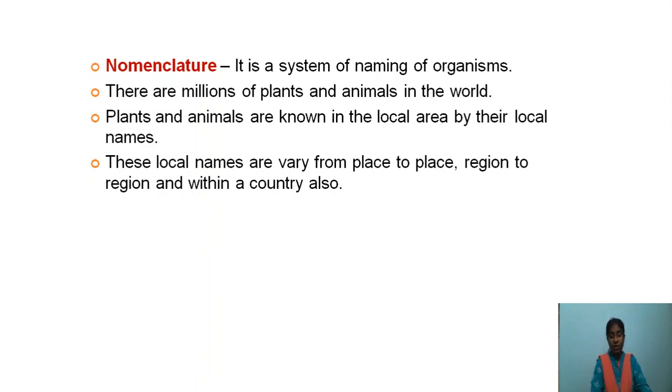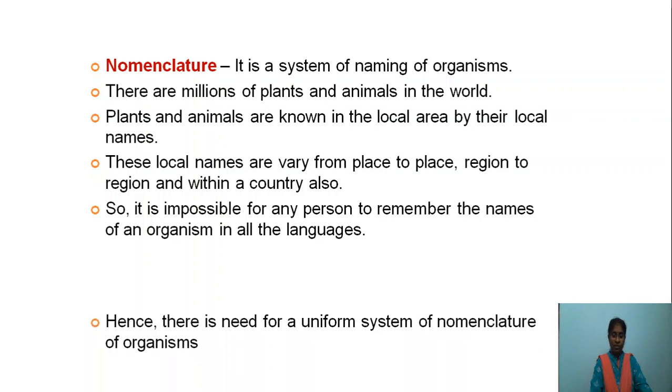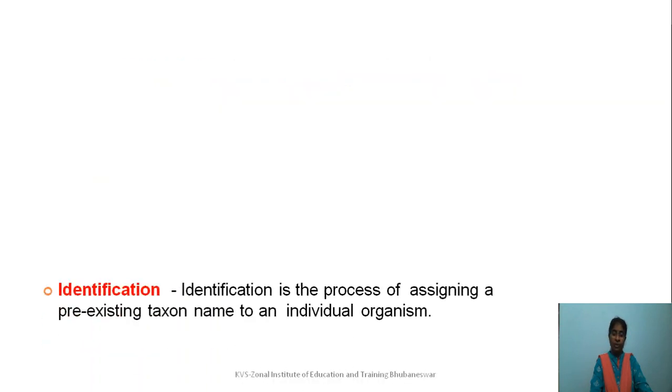So the same mango can be given different names in different places. So it is impossible for any person to remember the names of an organism in all the languages. Hence, there is a need for a uniform system of nomenclature of organisms.